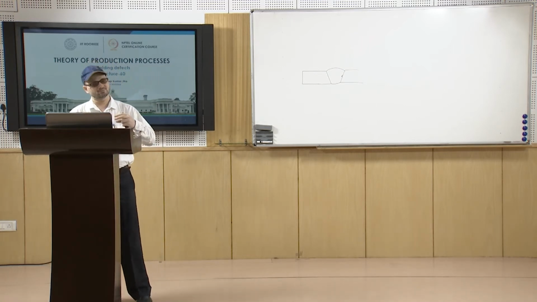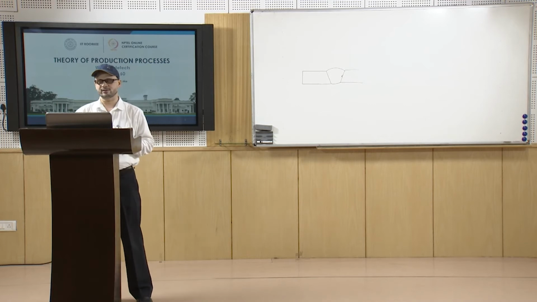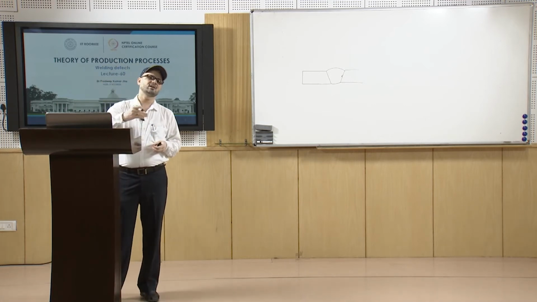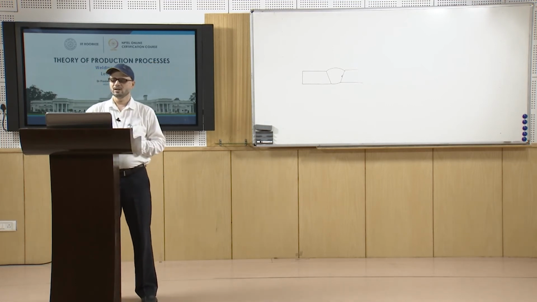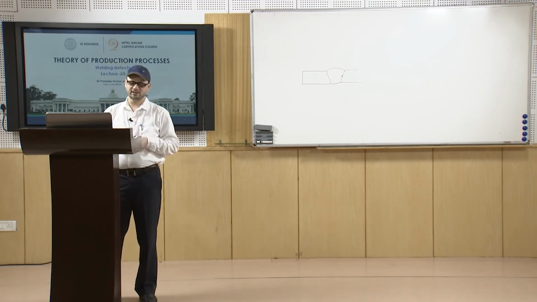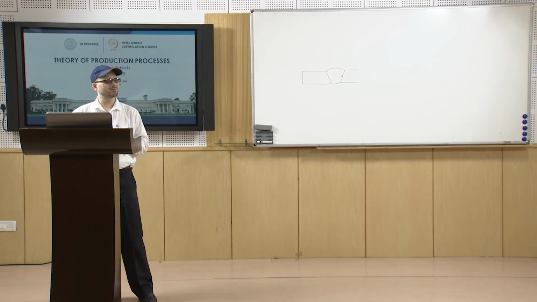That is because of those reactions, or because of lack of metallurgical control of the structure. Then you have undesirable shape of the weld bead due to overfill, or because of poor profile and poor supervision.